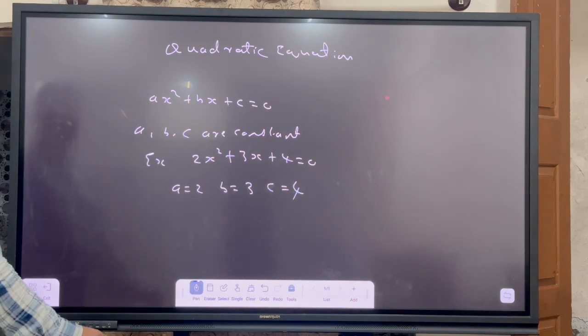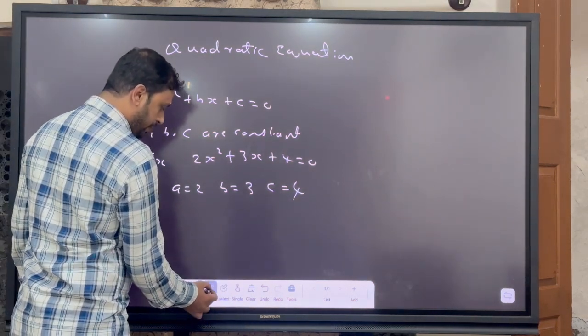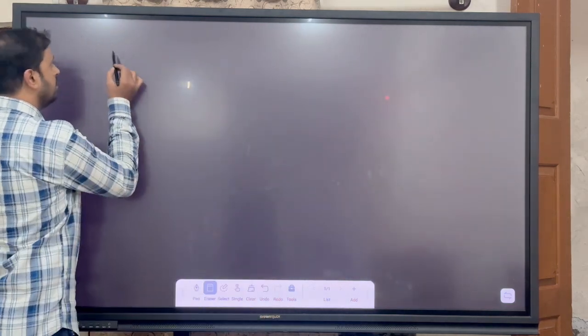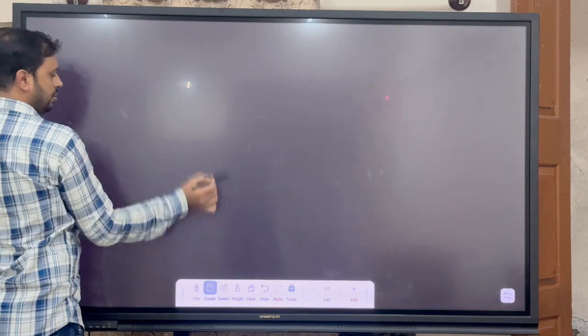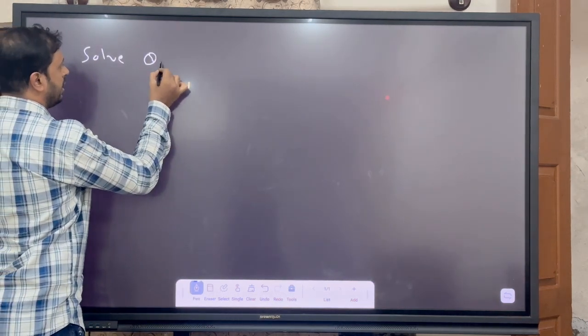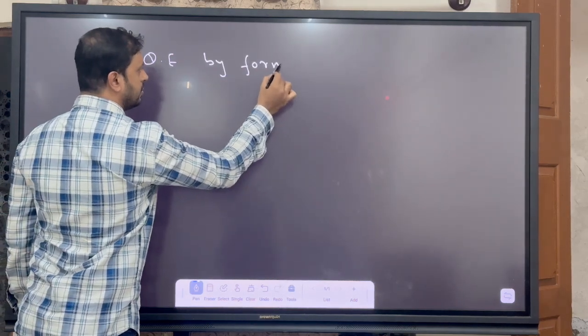Now we have a very important problem based on quadratic equation, that is, solve quadratic equation by formula method.